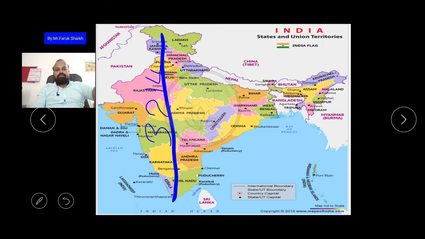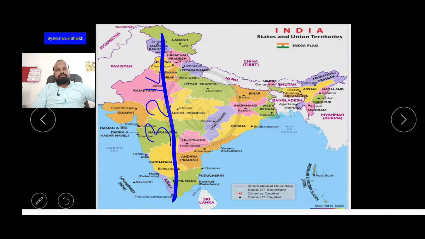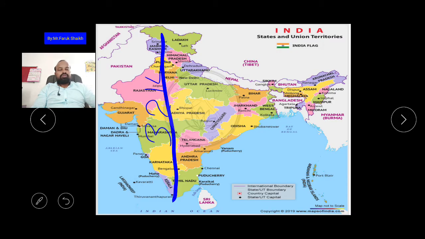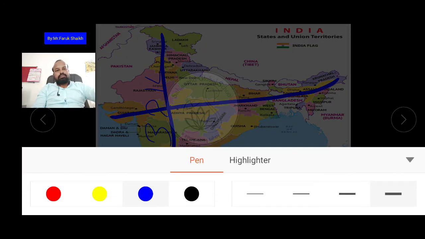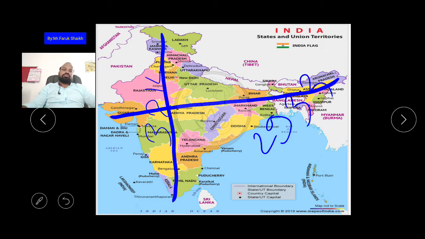And then from Arunachal Pradesh to Dwarka, Dwarka is in Gujarat. So what is the total distance of this? It is 2933. This is the total distance.